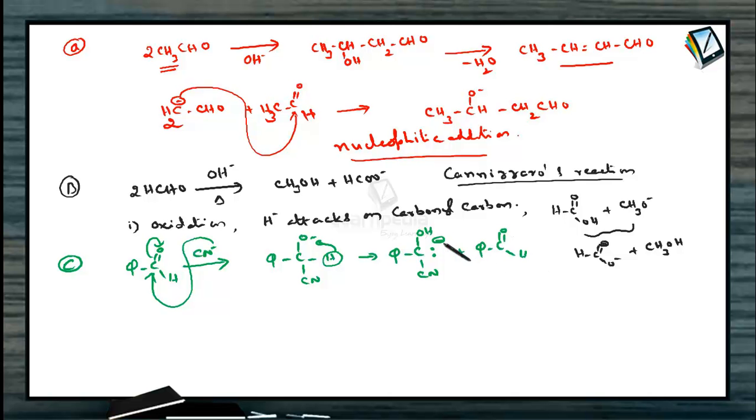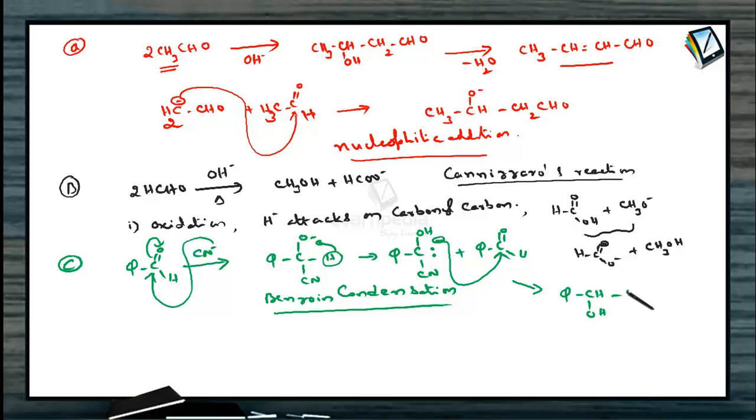So nucleophilic attack is here, therefore nucleophilic addition also is there, and it is an example of benzoin condensation. So thus C goes with Q and R. Then what is the final product for this reaction, which is called benzoin condensation? It is C6H5CHOH C double bond O C6H5. It's called benzoin. Therefore for C we have two answers, Q and R.